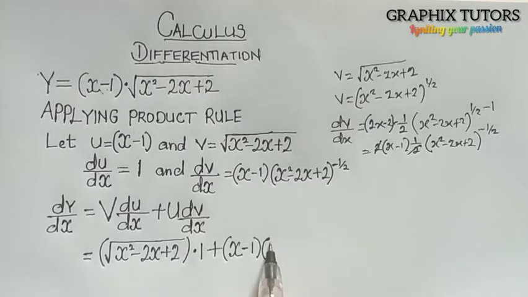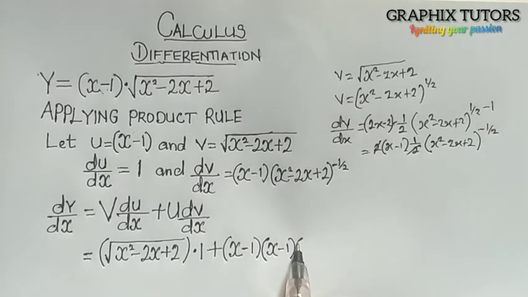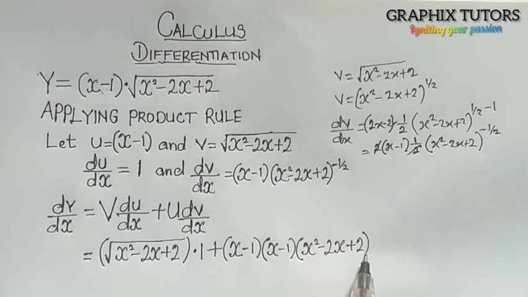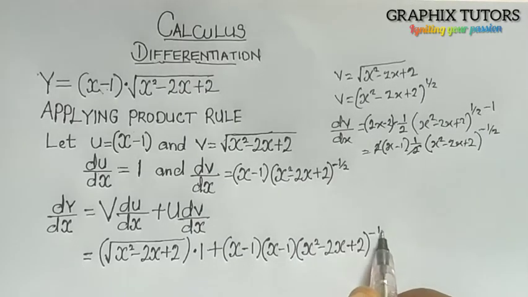Into bracket x minus 1 into bracket x squared minus 2x plus 2, close the bracket, minus 1 over 2. This is what we have here.